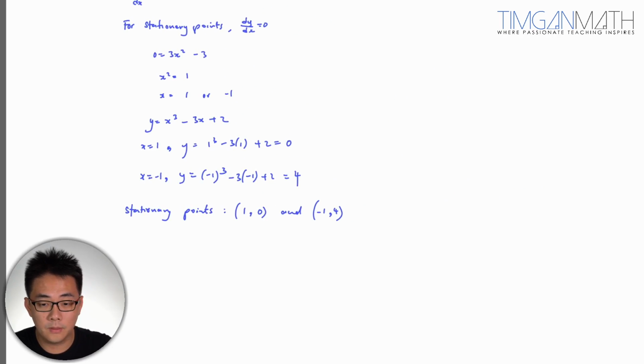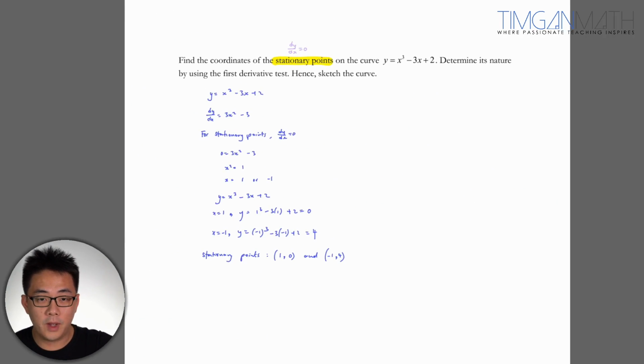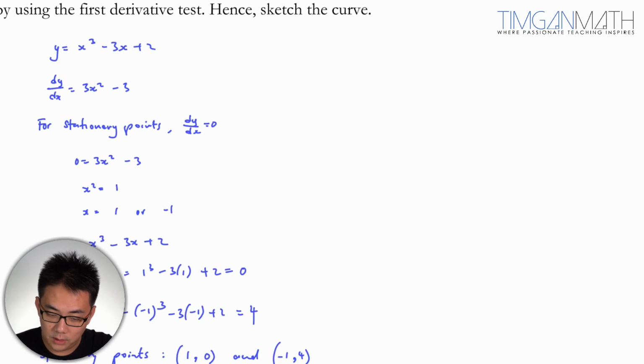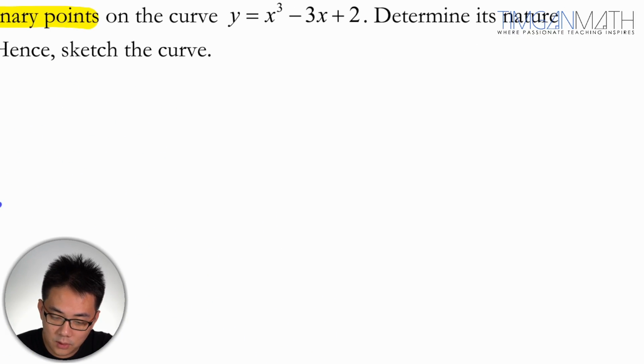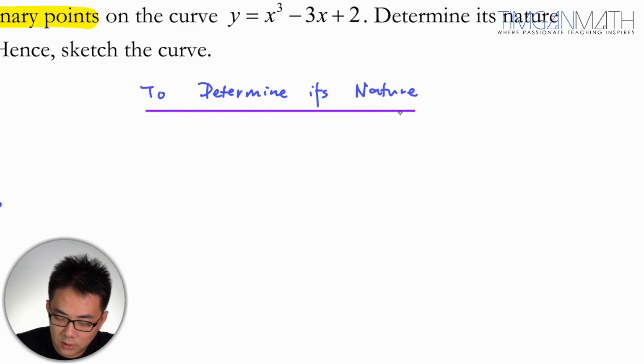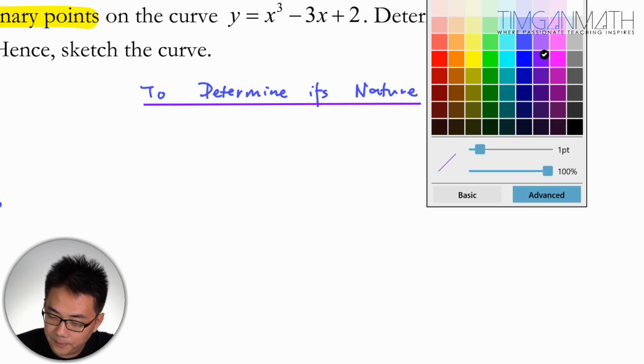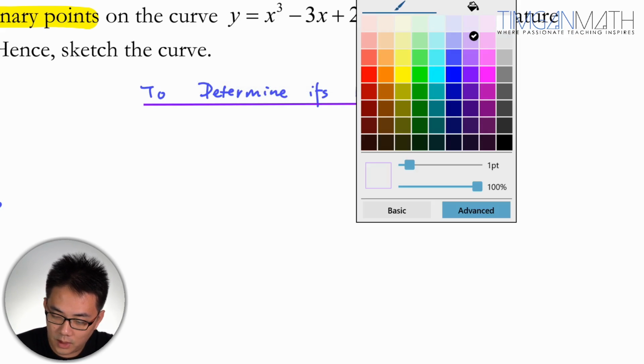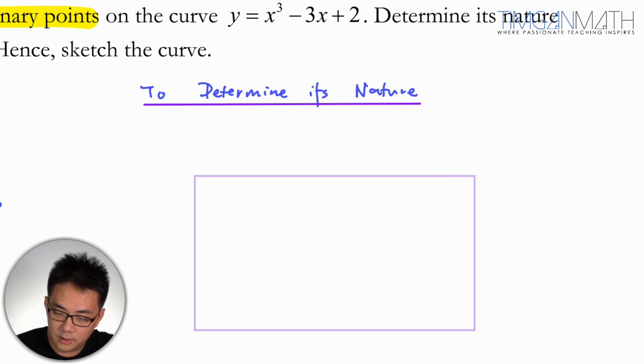Okay. Subsequently, we are told to determine its nature. To determine its nature, what we're going to do is actually just draw the table out and see the shape.